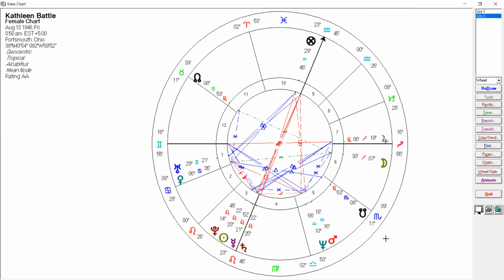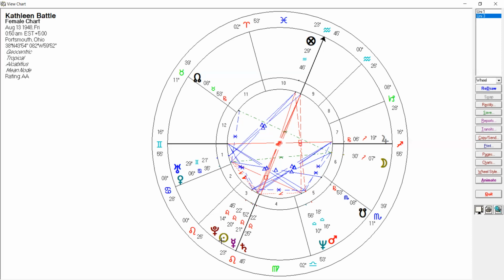So first of all, let's figure out how to find it. Is this a daytime chart or a nighttime chart? Somebody help me. Nighttime. Thank you. So that means the formula would change. If this were a daytime chart, we would start from the sun and move to the moon's position, and take that distance. But since it's a nighttime chart, we must go from the moon's position to the sun's position. That's to find the part of fortune. But guess what?